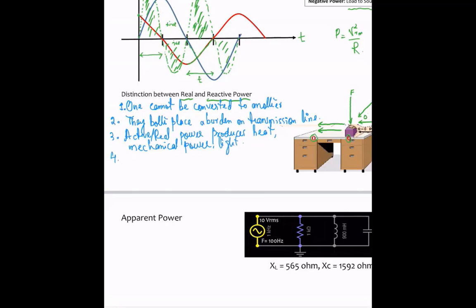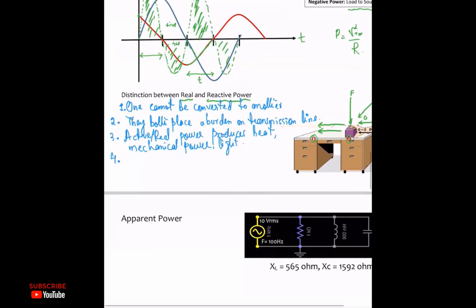Whereas the reactive power only represents power that oscillates back and forth.